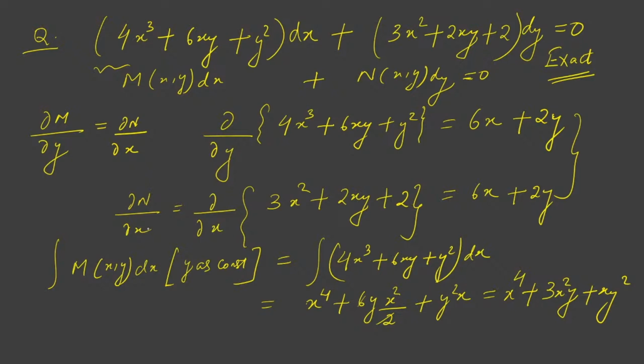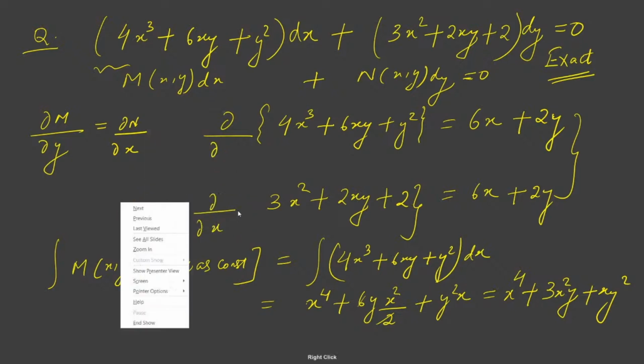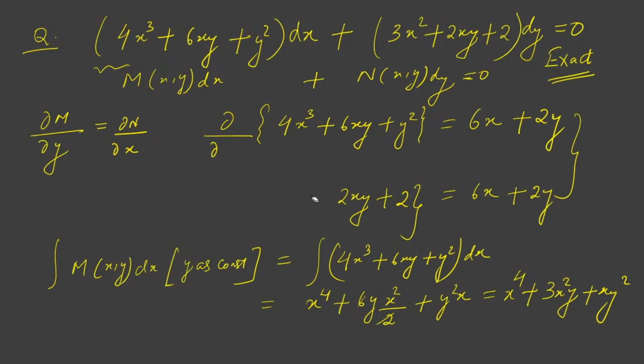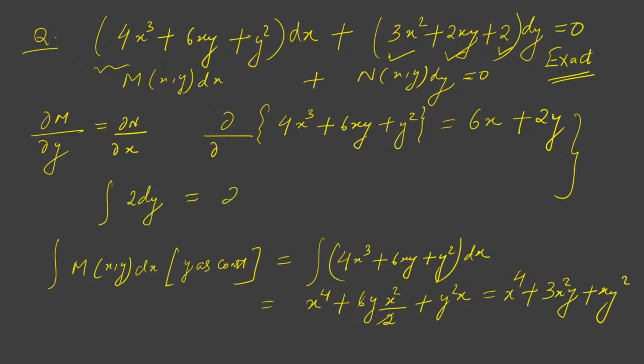Now let us erase this and integrate N of xy only those terms which do not contain x. In this N of xy, the terms have x, only the 2 dy term has no x. So the integration of 2 dy will give you 2y, very simple. What will be the solution?